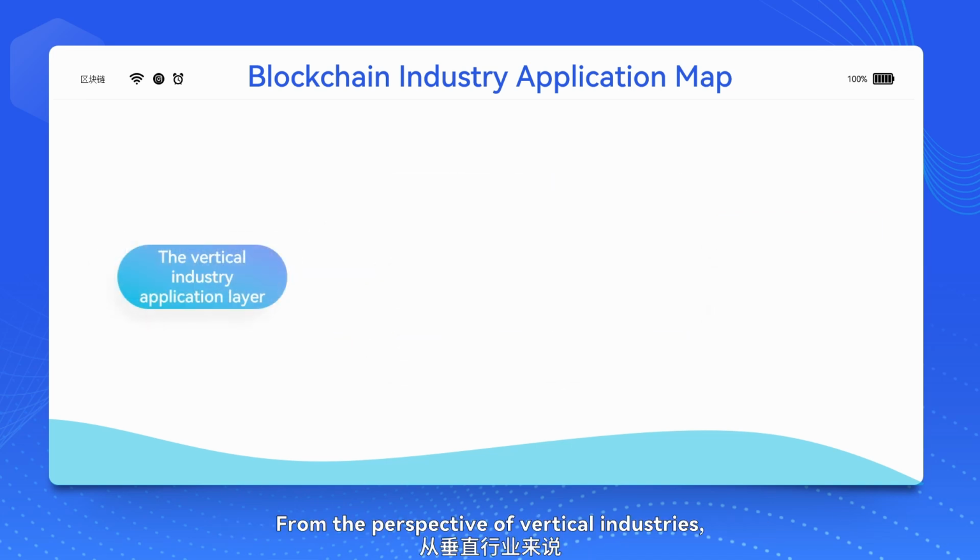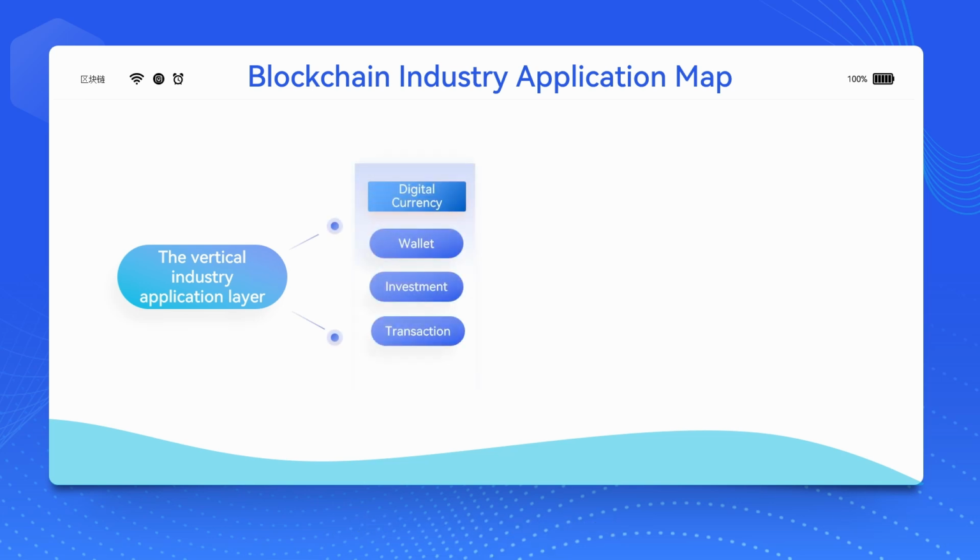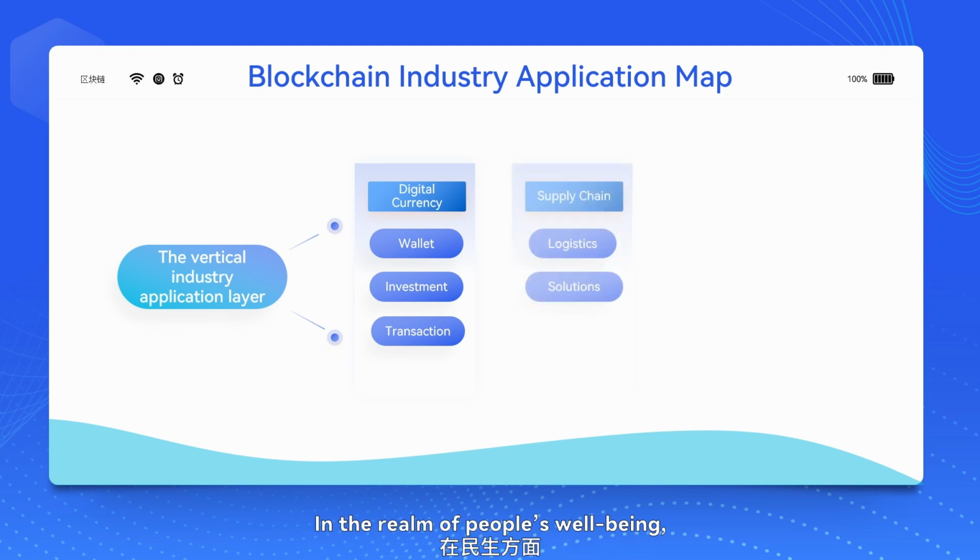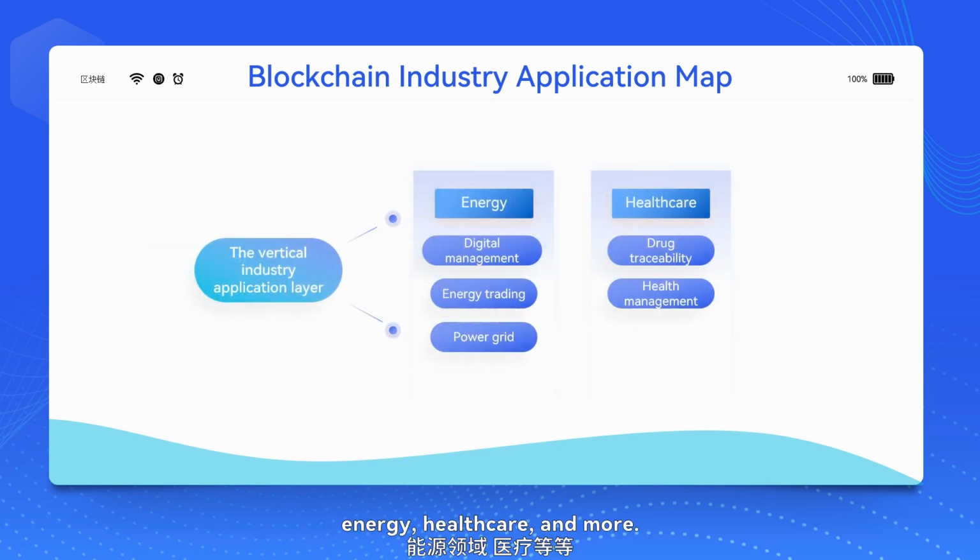From the perspective of vertical industries, blockchain's involvement is quite extensive. The fields covered by blockchain include digital currencies, with Bitcoin being the most famous, though there are also other virtual currencies. In the realm of people's well-being, blockchain is primarily used in supply chain management, IoT, energy, healthcare, and more.